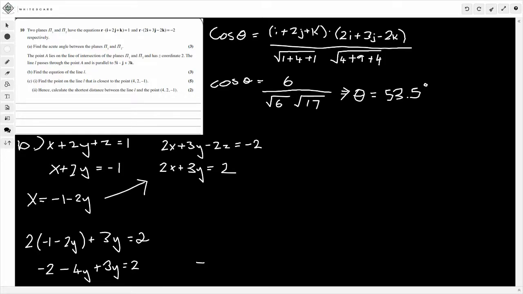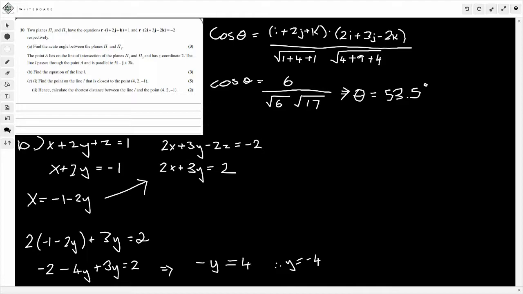So minus y, and then minus 2 here. To balance the equation, we're going to add 2. So that's going to be minus y is equal to 4. So therefore, y must be equal to minus 4. So that's the y value.